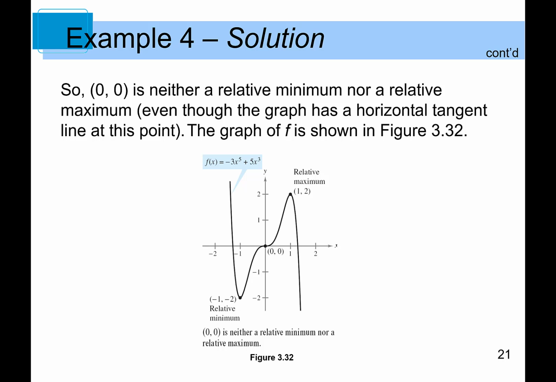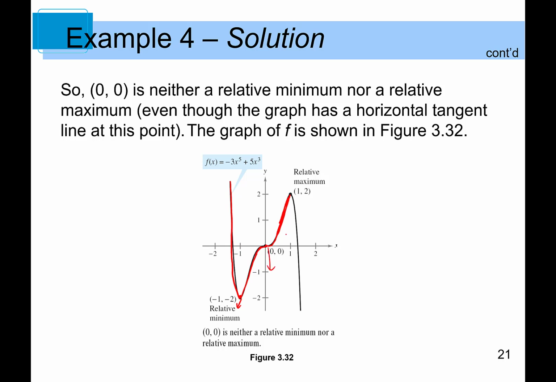And let's take a look at the graph, as you can see right here. Relative minimum occurs at negative 1, negative 2. And if you look at x equals 0, 0, then that's where the test fails, which is about the concavity.